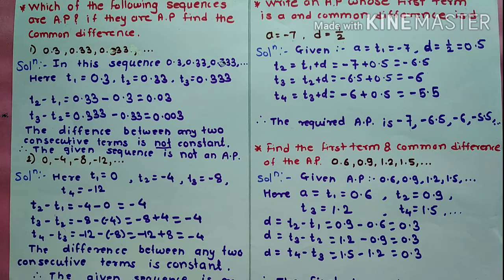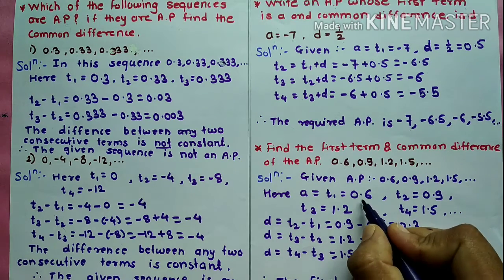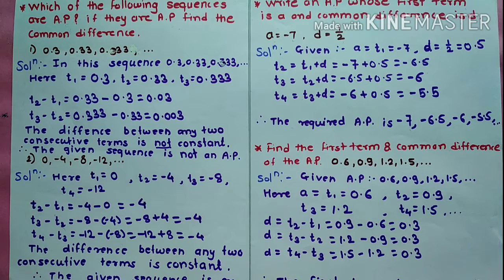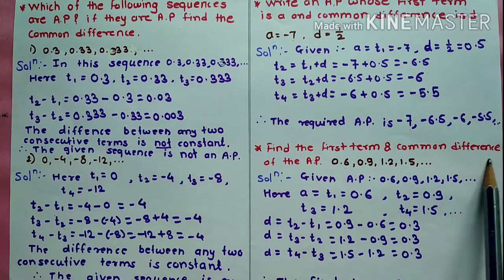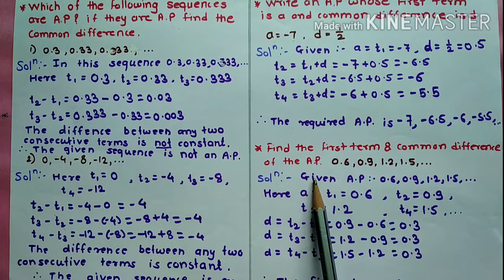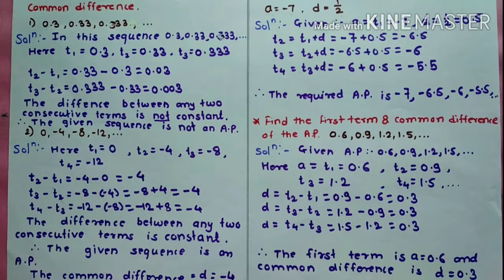Therefore, the first term is A equal to 0.6 and the common difference is D equal to 0.3. In this way, you can calculate the first term and common difference of any AP. I hope you understand sequence and arithmetic progression. Thank you.